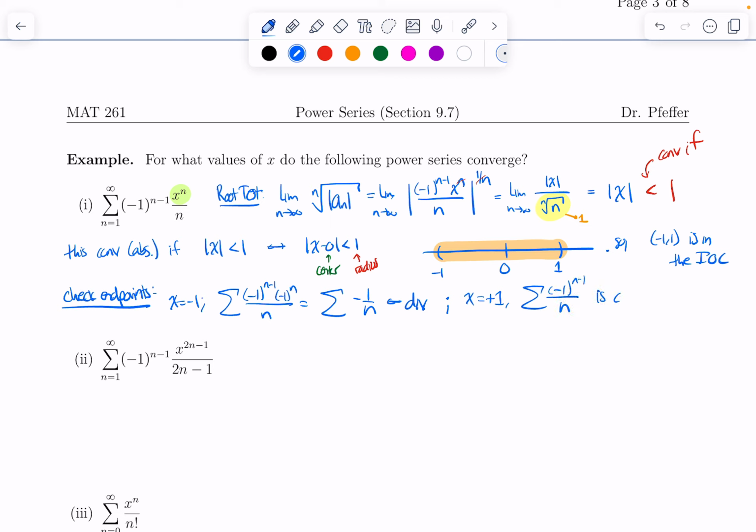And this is convergent, it's actually conditionally convergent by the alternating series test. So the IOC apparently is, well, it's supposed to be -1 to 1, but apparently I'm divergent at -1, meaning I exclude it, and I am convergent by the alternating series test at 1, which means I include it.